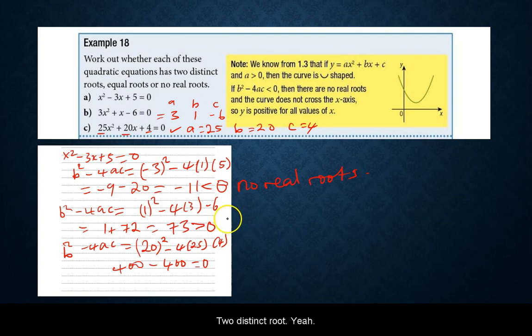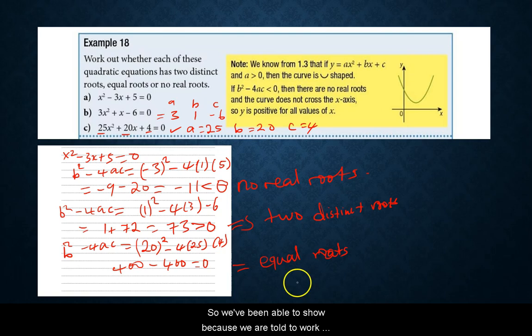So here we have two distinct roots. And finally, it is equal to 0. It means we have equal roots.